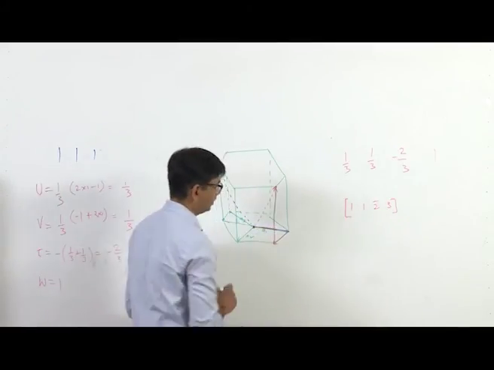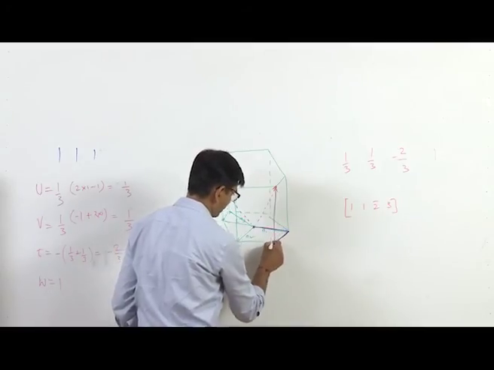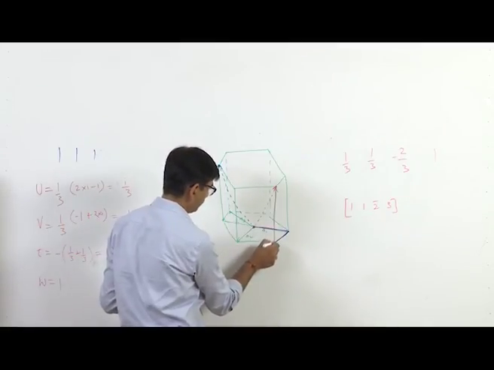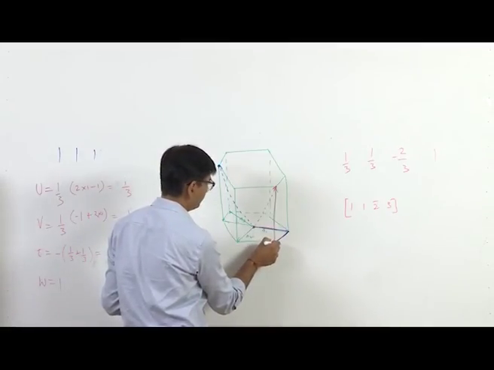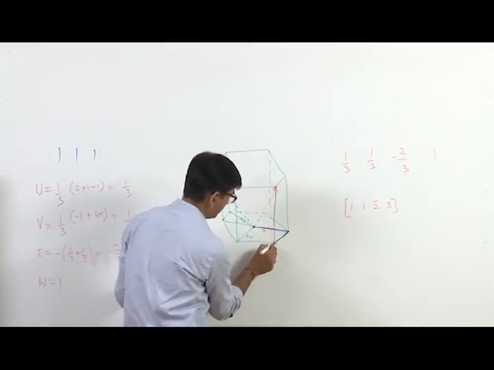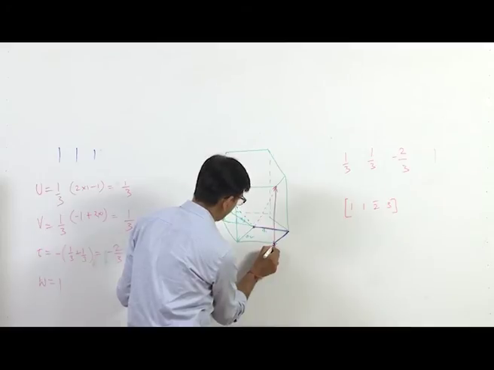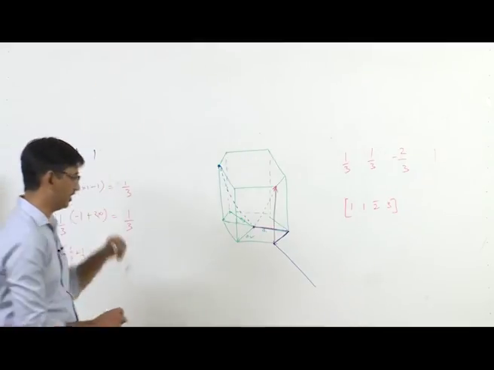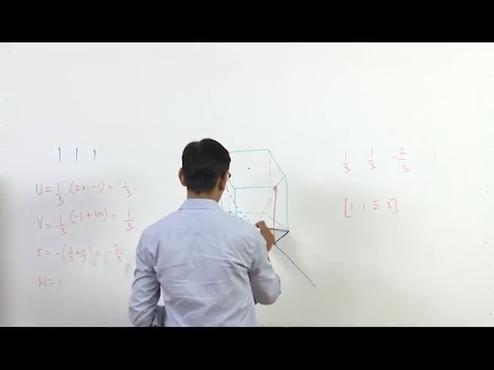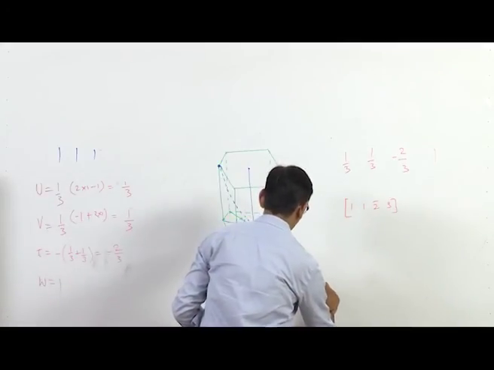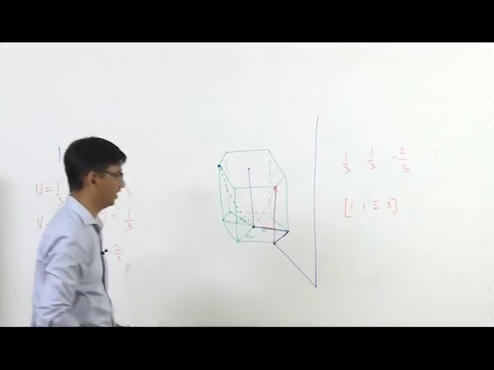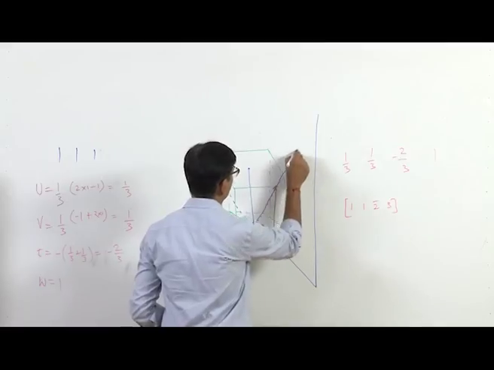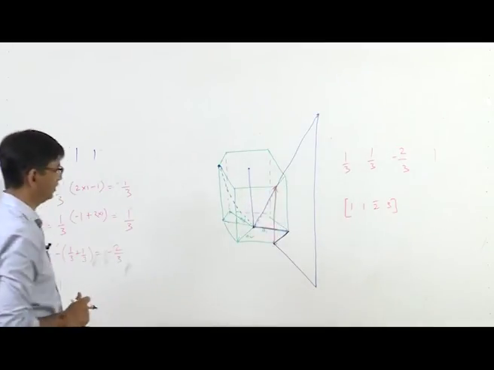So one in this, then another one I have to go here, then I have to go negative in A3, so A3 positive is this direction, so negative of that will be something like this, okay, and then I have to go 3 units in C direction, so my C is something like this, okay. So maybe I am going something like this in 3 units. So if you see here, I may be ending there, okay, this is my direction.